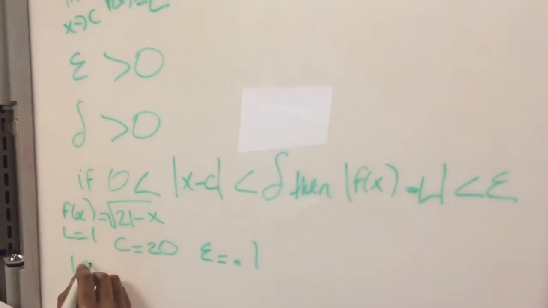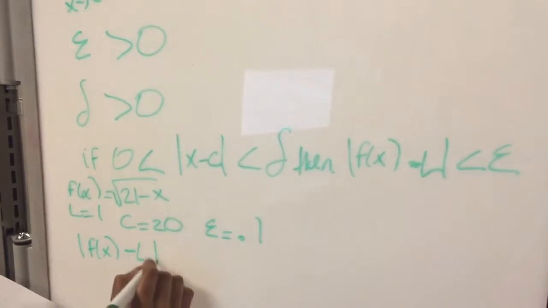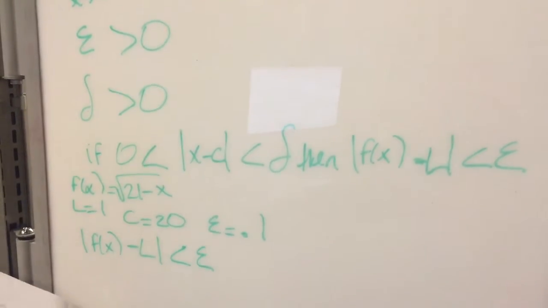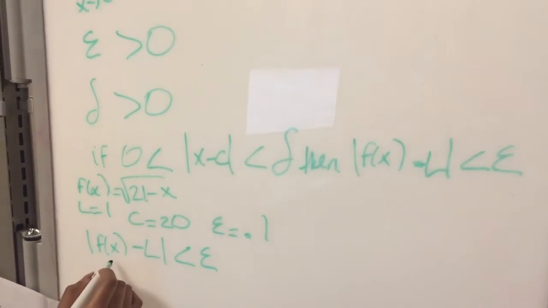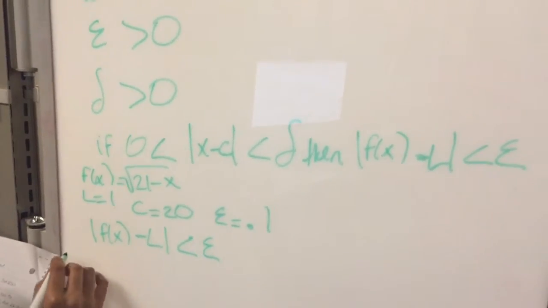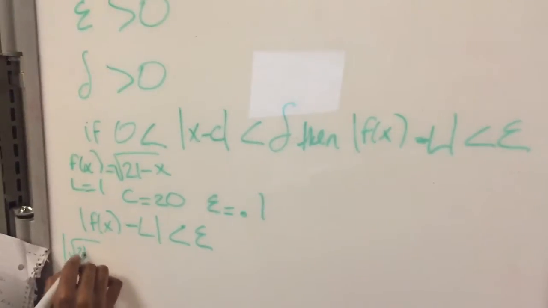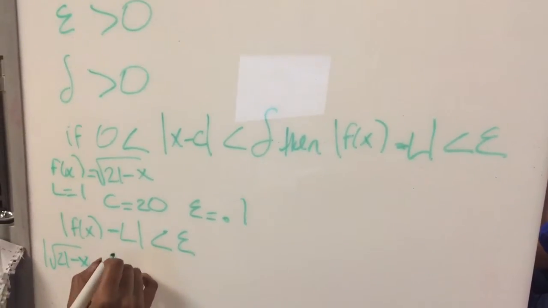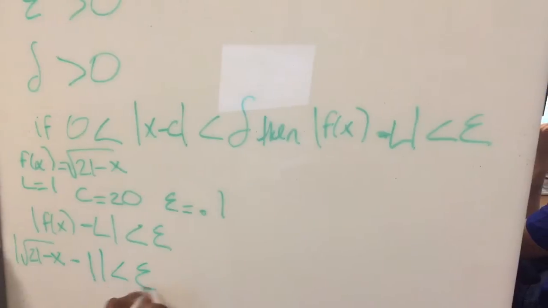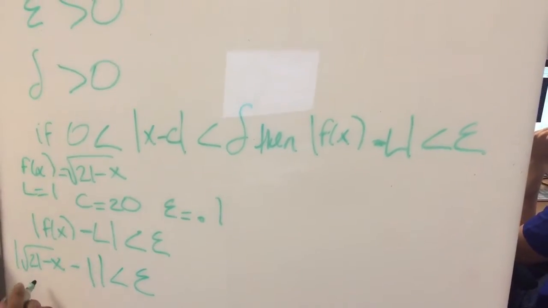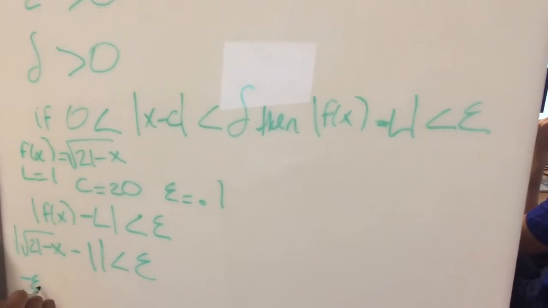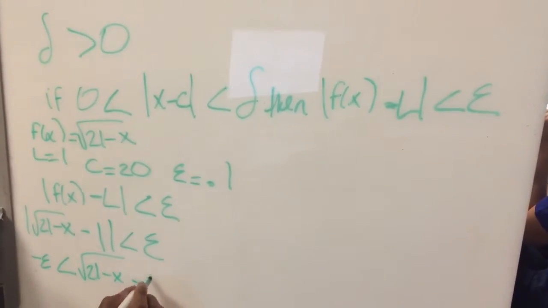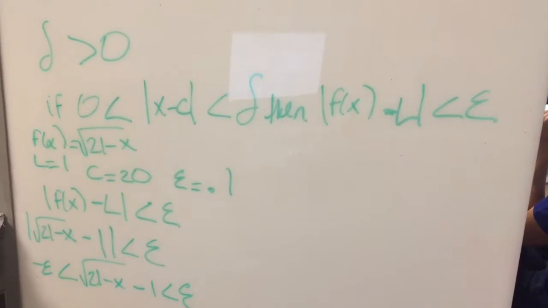So, the absolute value of f of x minus L has to be less than epsilon. We then substitute the f of x we're given. So, the square root of 21 minus x, minus 1, which refers back to L, is less than epsilon. This can be solved by doing negative epsilon is less than the square root of 21 minus x minus 1, and the square root of 21 minus x minus 1 is less than epsilon.